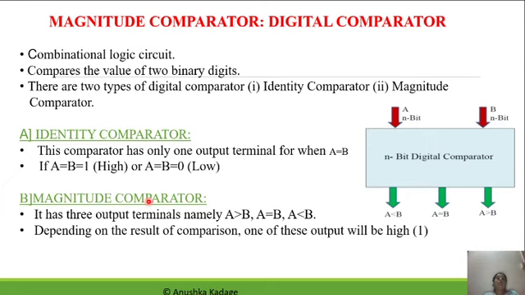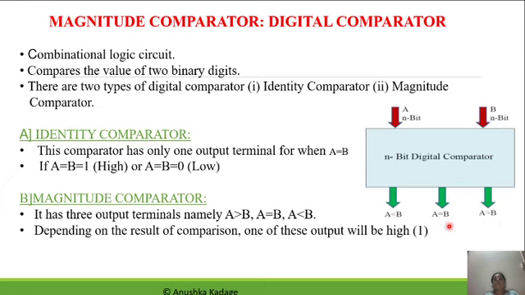Let's go to the other type of magnitude comparator. This magnitude comparator will have three different output terminals as shown in the given figure. These three outputs give the result for whether A is less than B, A is equal to B, or A is greater than B. When the comparison is done, the corresponding output will be presented as 1.